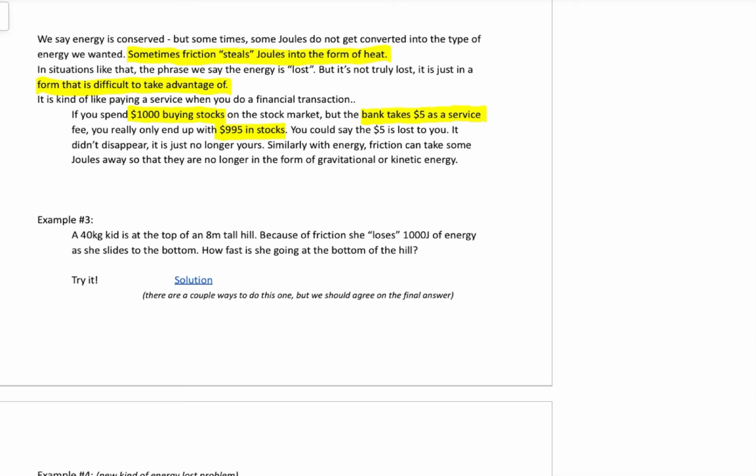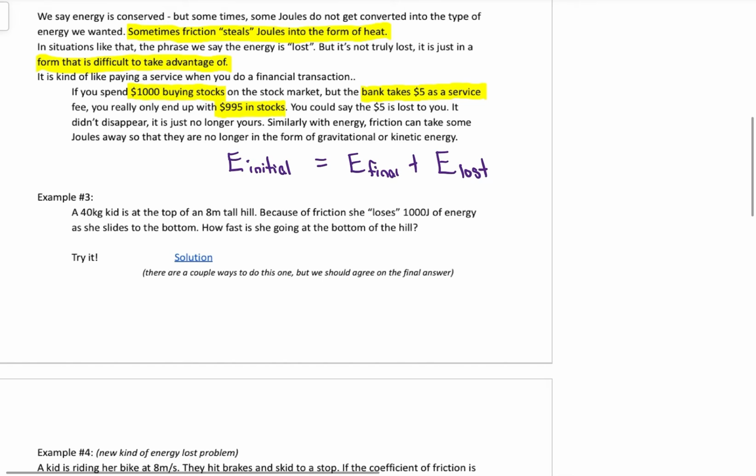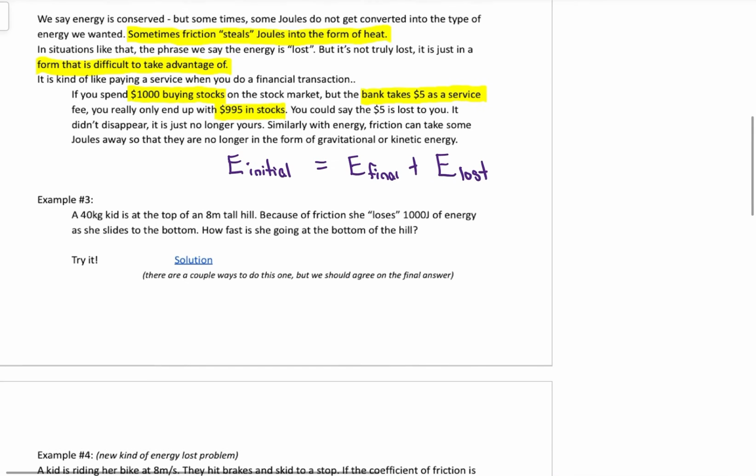There's two ways to think about the accounting of that $5. Sometimes we could say that the initial energy gets converted to the final energy plus whatever is lost. So in this case, the original 1,000 equals the 995 plus 5. Sometimes people say, okay, let's take our E initial and subtract what's lost.